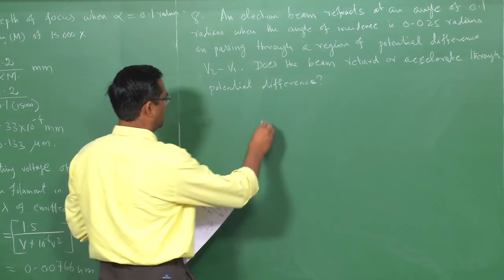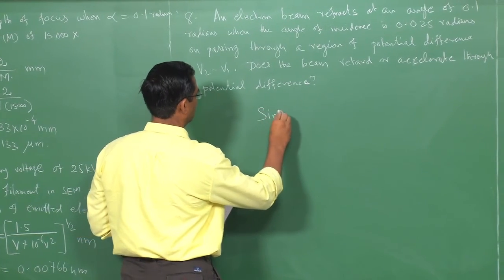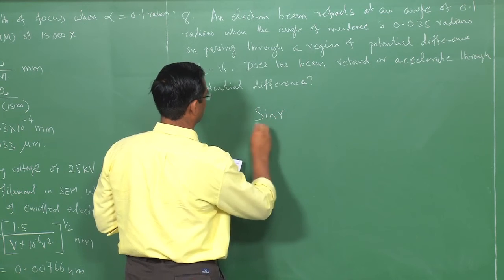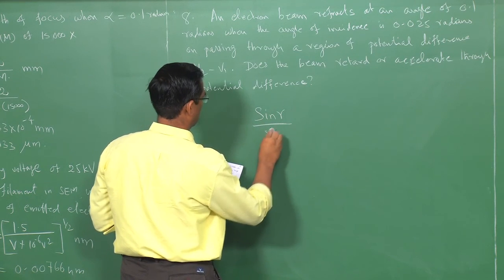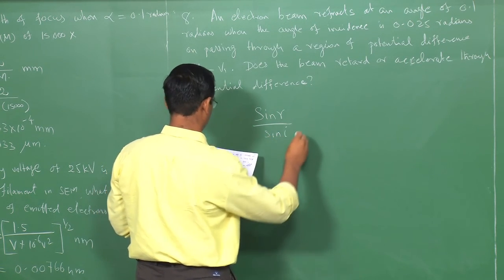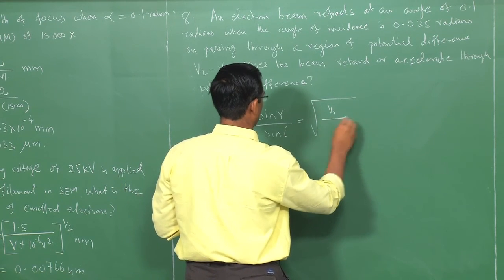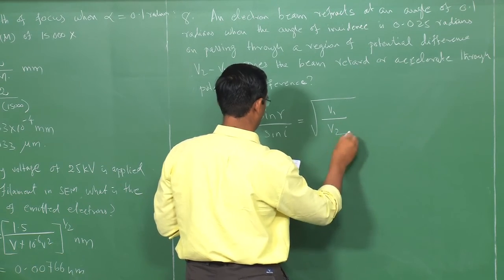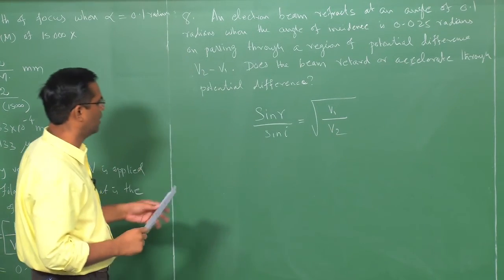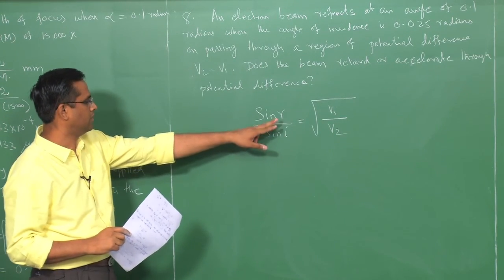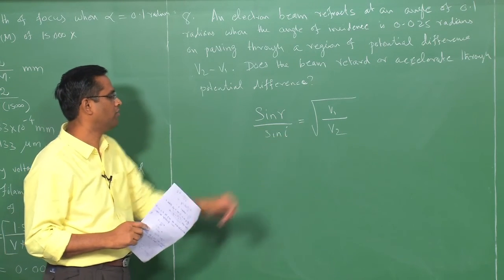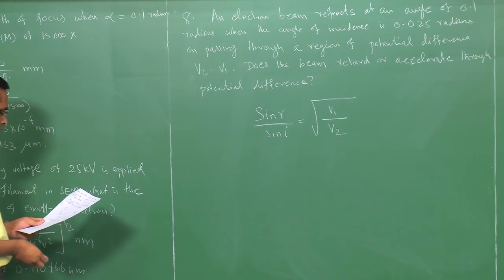So, in that respect, if you recall, we have written a formula like this: sin R by sin I is equal to square root of V1 by V2.